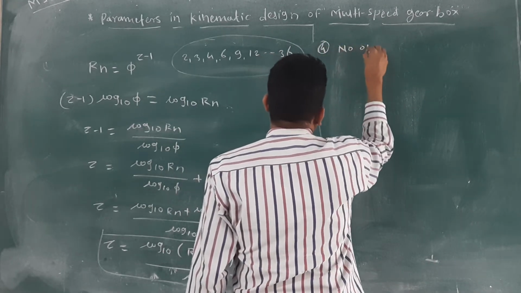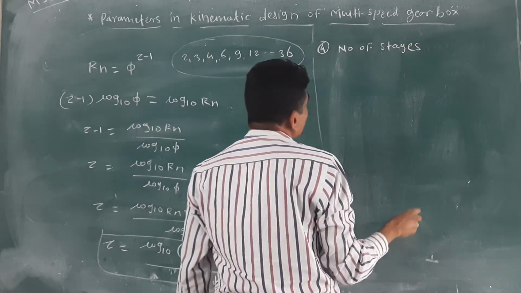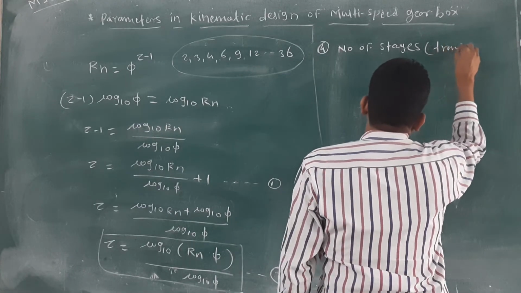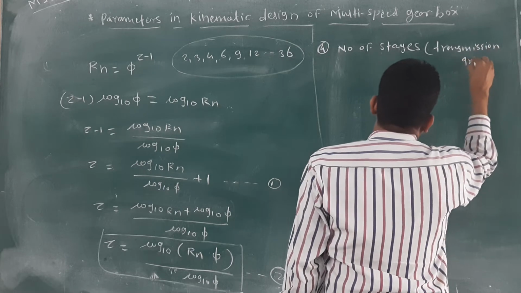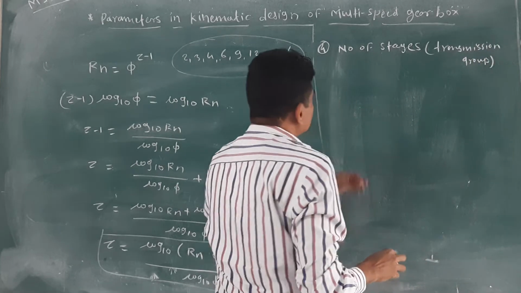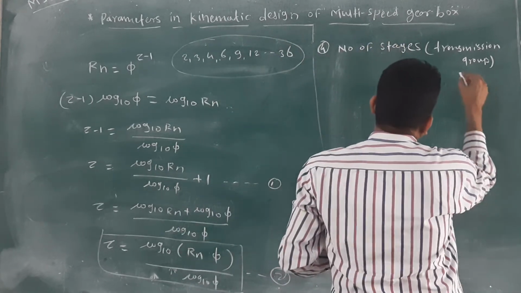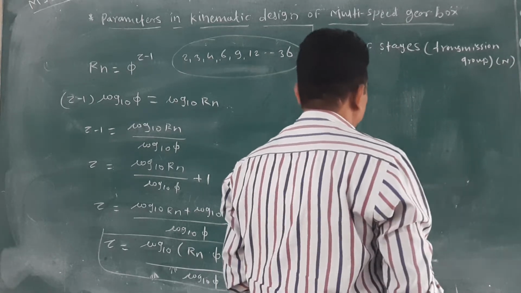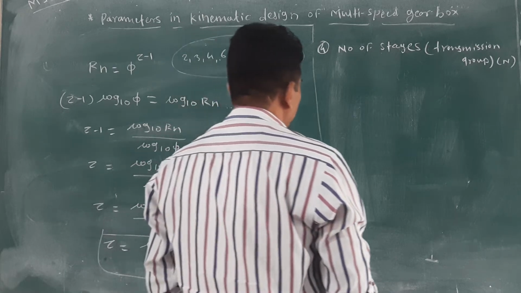Number of stages is denoted by capital N, or we can say the number of transmission routes. It is also known as a transmission route. The number of stages of transmission route in the multi-speed gearbox is denoted by capital N. Then how to calculate that?